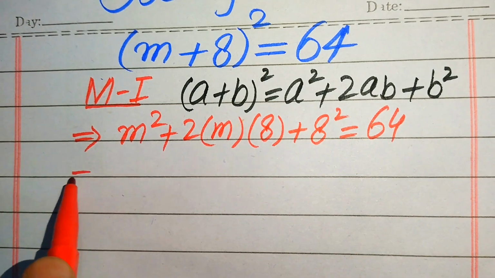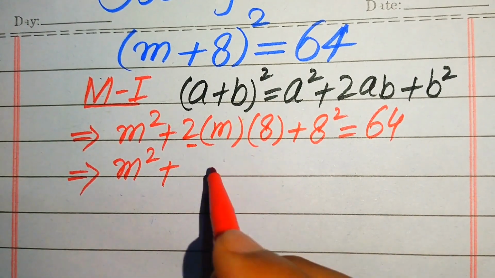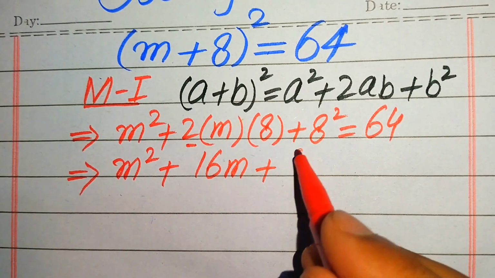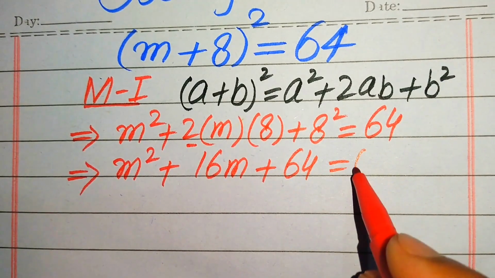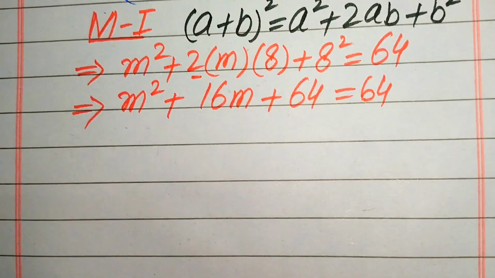And now in the next step we have m square plus 2 times 8, which becomes 16, times m plus 8 square, which becomes 64, and this whole equation also equals 64.